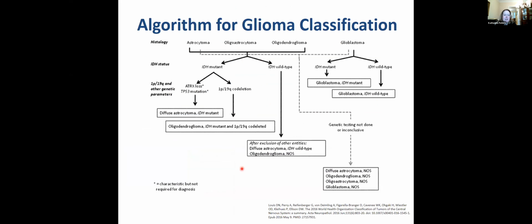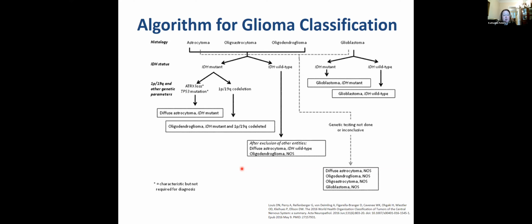But in 2016, there was really a nosological shift where we didn't just use the histology anymore. We used the molecular determinants, the genetic determinants of those tumors, and those were integrated into how we make a diagnosis. And the discovery of isocitrate dehydrogenase 1 and 2 mutations in gliomas was actually done here at Duke by Dr. Hai Yan.